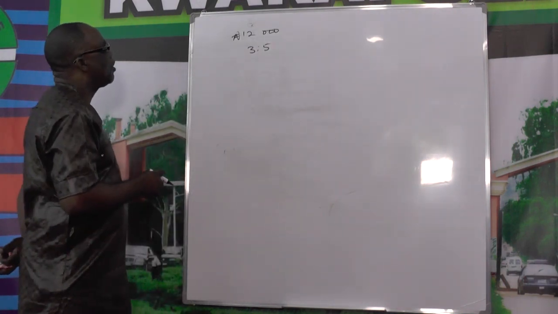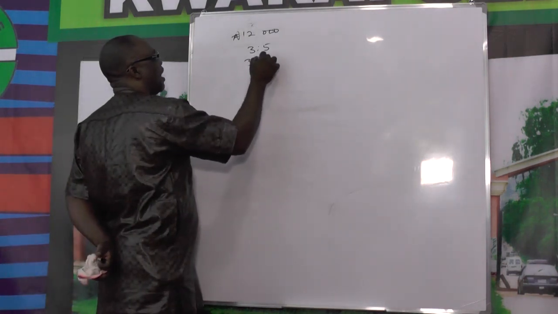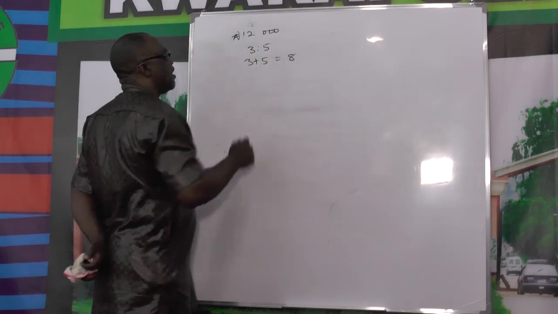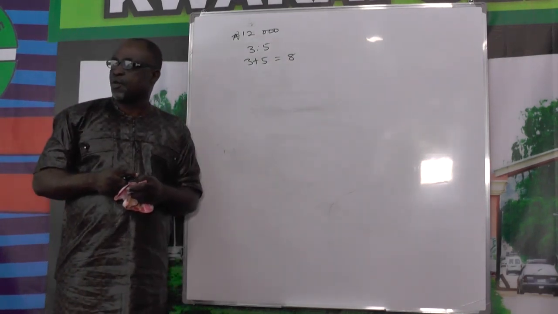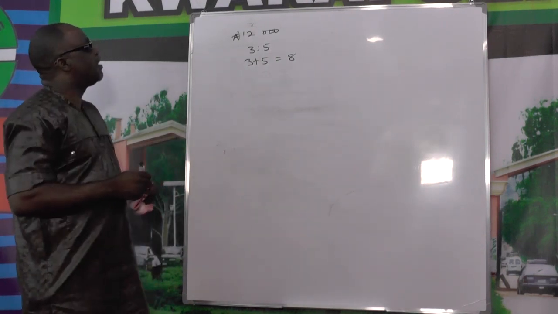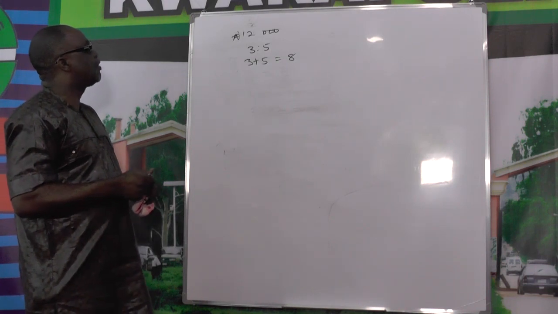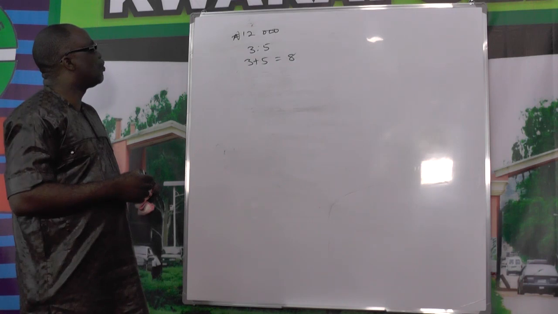Now, what do we do here? We add this. 3 plus 5 gives what? 8. Now, we are told that Iyabo and Tolu, that means that Iyabo holds 3, while Tolu holds 5, in that order. Iyabo owns 3.